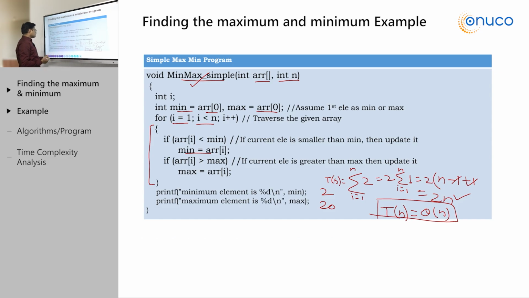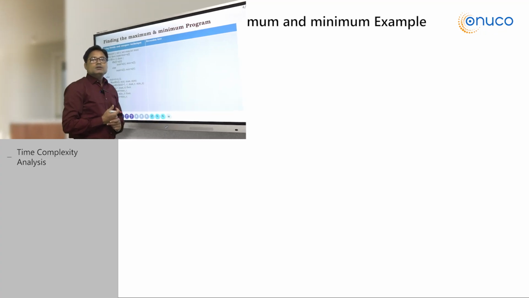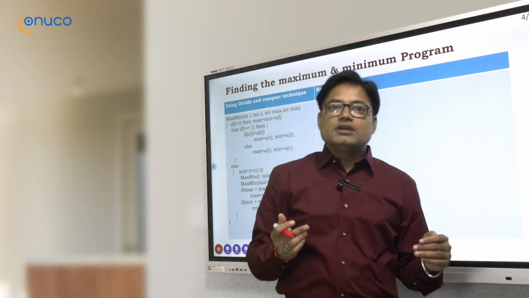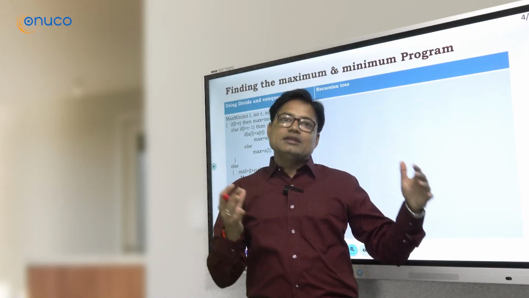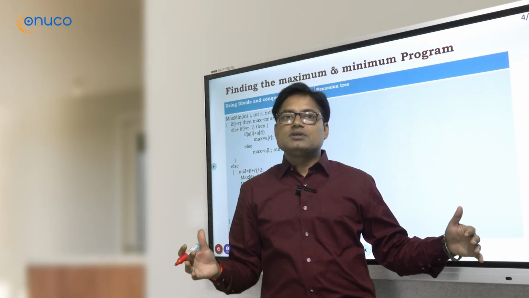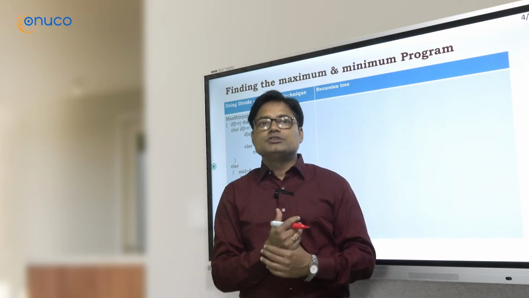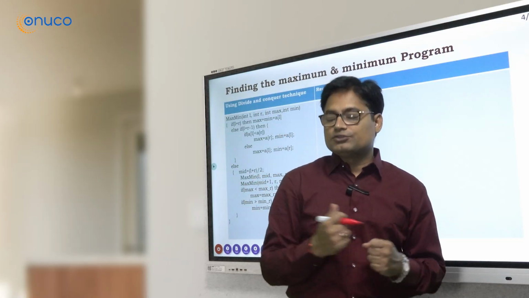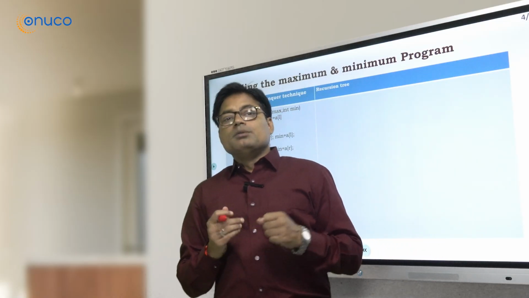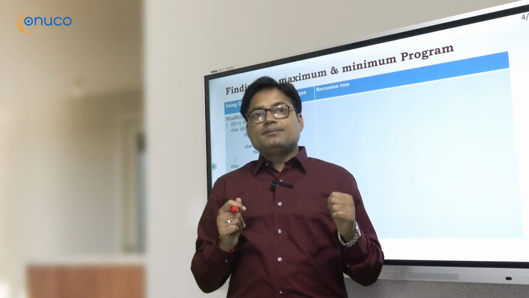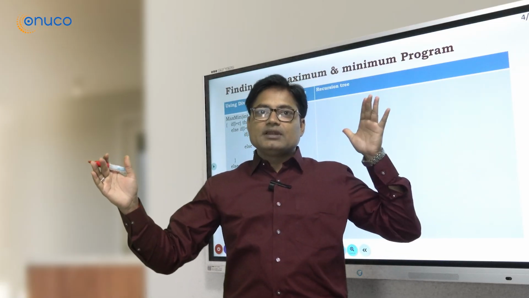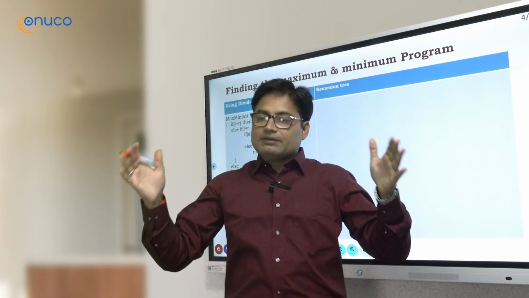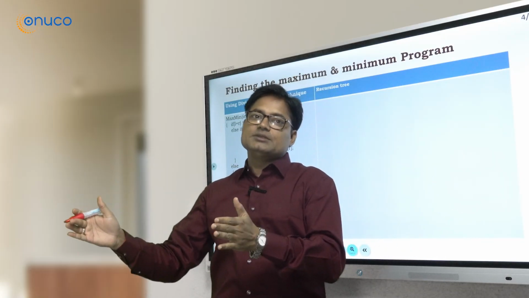So let us discuss how we are going to approach the divide and conquer strategy. As we discussed earlier, divide and conquer means we divide the problem into subproblems and finally merge the solutions to the subproblems to get the final solution. If you have n elements, in this example 6 elements, you can divide them into 3 elements and 3 elements.